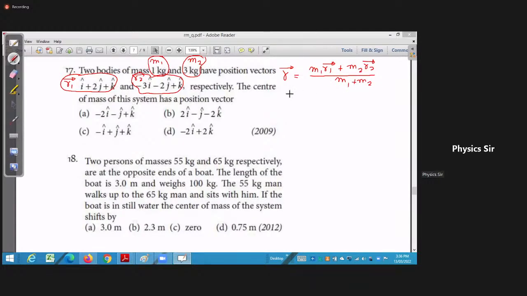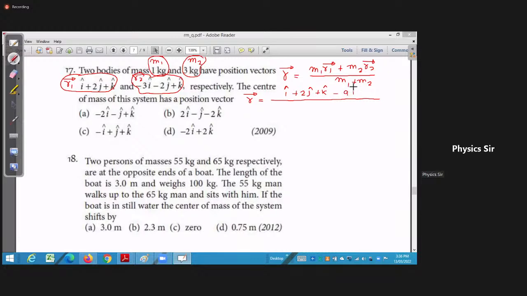So this is M1 into R1. If I multiply R1 by 1, it will remain as it is. So i plus 2j plus k. M2 into R2. If I multiply this by 3, then this will become 3 into 3.